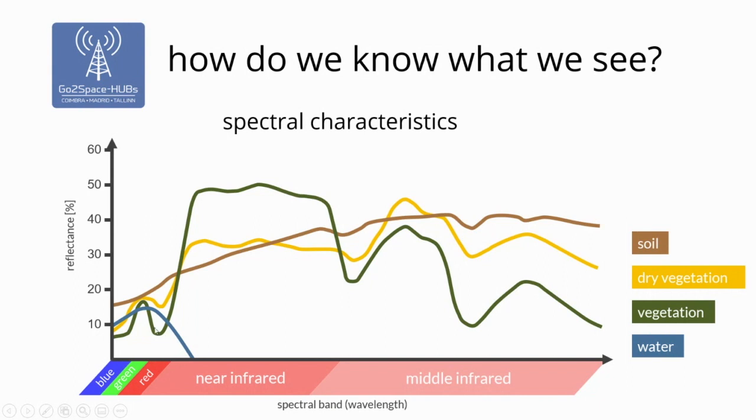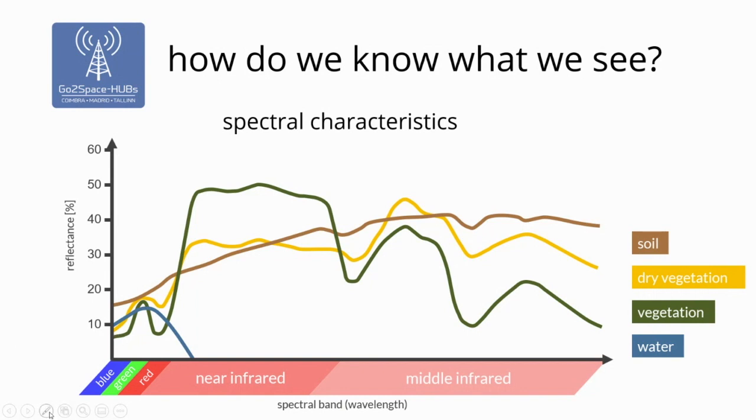We know, for example, that vegetation is green, and it's green because it reflects more green than blue and red. We can see it here. It reflects like 15, 18, 20% of the radiation. So it's not much, but it's much more than those other parts we can see here.